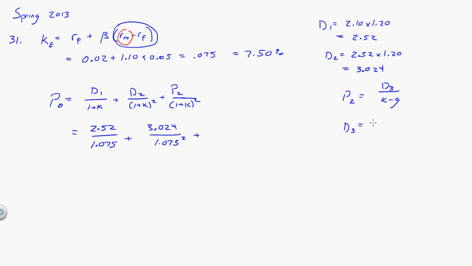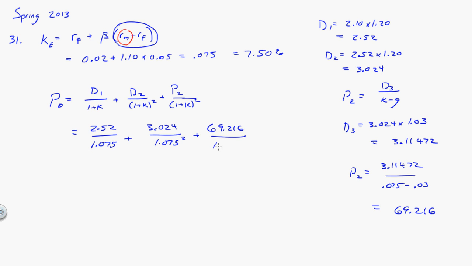D3 is equal to D2, 3.024 times the constant growth of 1 plus that, 1.03, which is equal to 3.11472. So P2 is equal to 3.11472 over K, which I found out to be 0.075, minus G, which is 0.03, which is equal to $69.216.